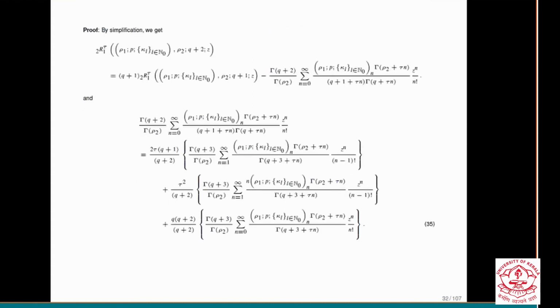And here we will give the proof of this theorem that is given. First, we have to open this one, and I'm going for some computation work.